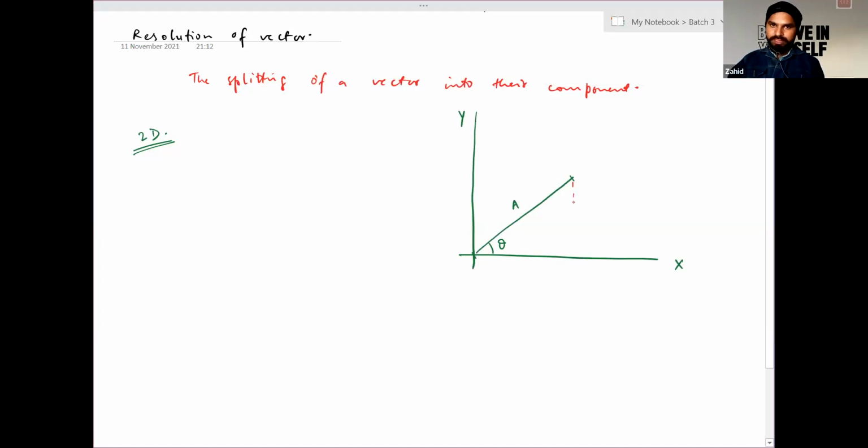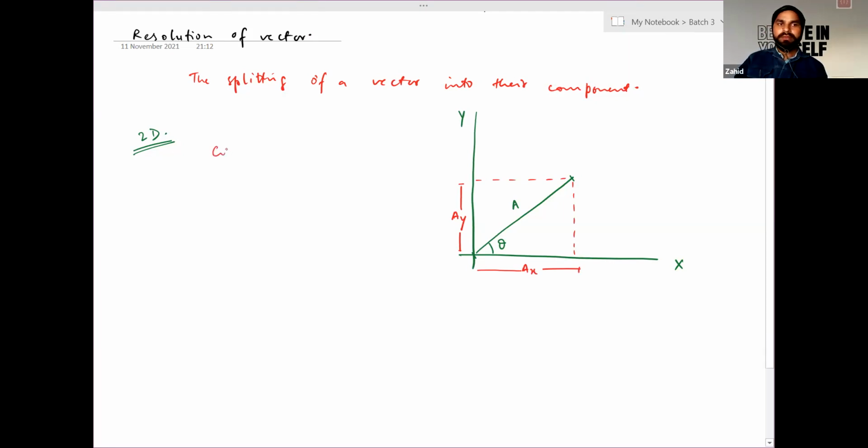So if you draw a vertical line from this point to this point and a horizontal line from this point to this point, this will be the x component of that vector, and this will be the y component of that vector. So we have to calculate ax and ay with respect to A.